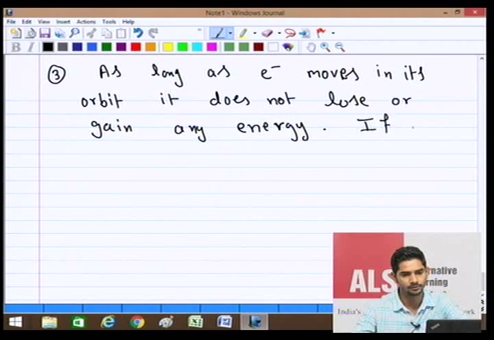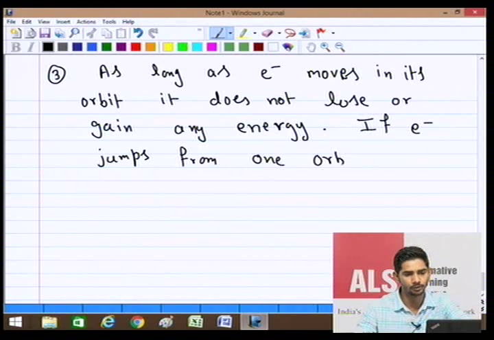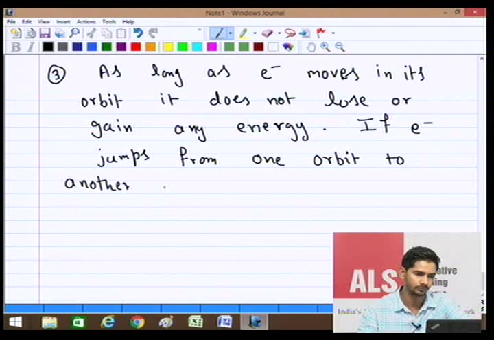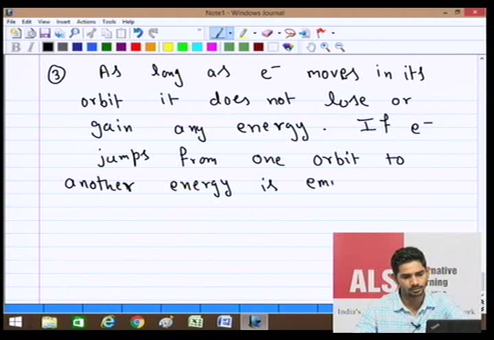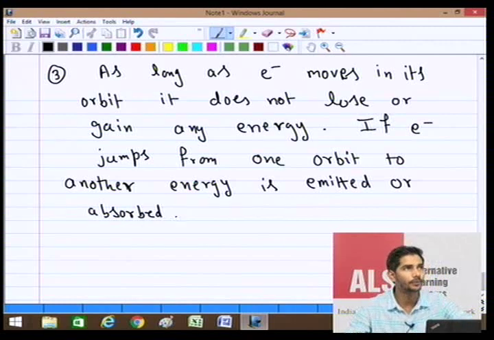If an electron jumps from one orbit to another, energy is emitted or absorbed. Okay, copy this.